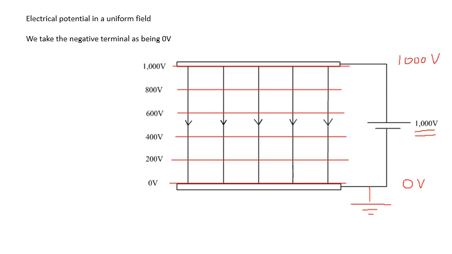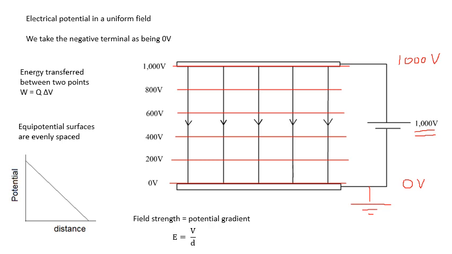And then this is how the potential varies between the plates. These are my equipotentials. And notice that the equipotentials are evenly spaced because it's a uniform field.